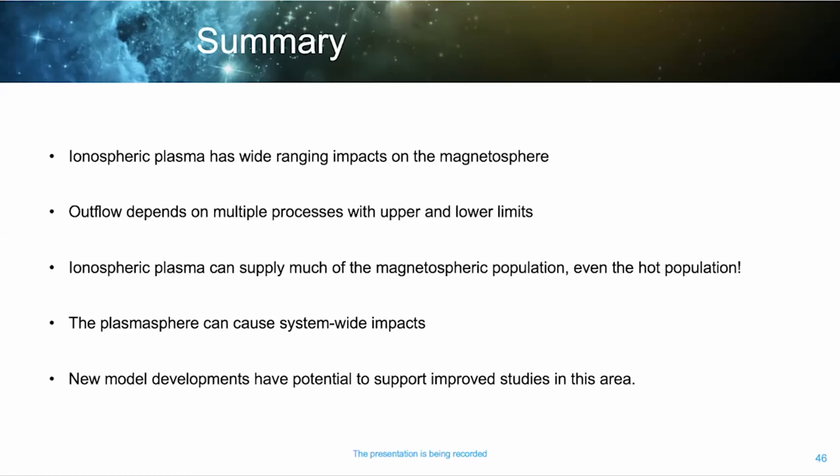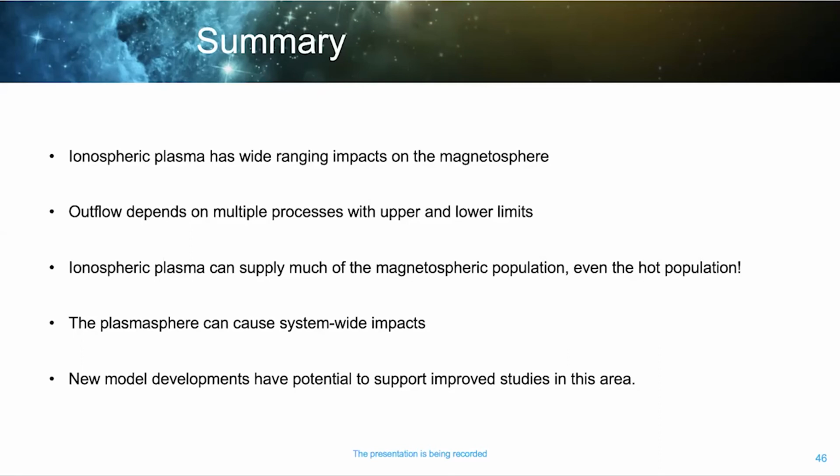As you saw in Rick's talk a few weeks ago, and I hope you take away from this talk as well, the ionospheric plasma does provide quite a lot of the magnetospheric population, and not just the cold population, but also the hot population. Now, I only looked at one test case, and it may be different in other cases, but at least in some conditions it can be a very important contributor to the magnetosphere and can't be neglected.